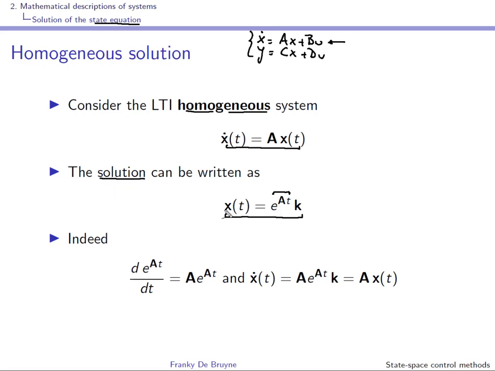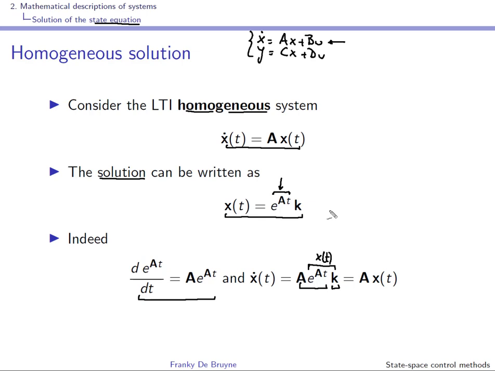It's quite easy to see that this is indeed a solution. The derivative, x dot, will involve the derivative of this one, and well, this is what you obtain. So x dot will be this derivative that you've got over here times k, right? But you can see here that this is x of t, so indeed x dot is Ax as is written over here.